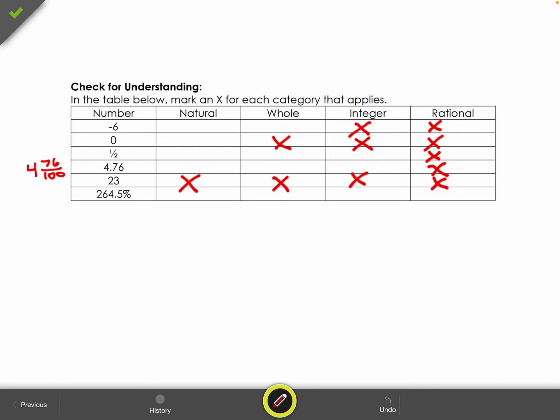We have 264.5%. I just naturally rewrote that as a fraction as I spoke out loud. So 264.5%. Again, that helps me realize, hey, that's rational. But that will not be natural, whole, or integer.